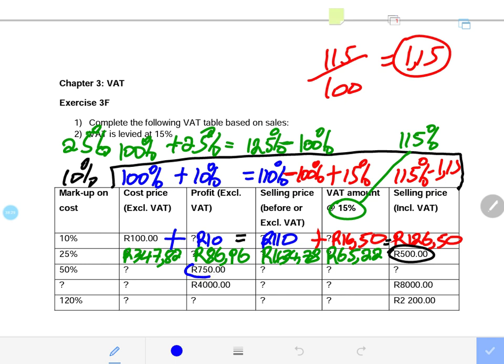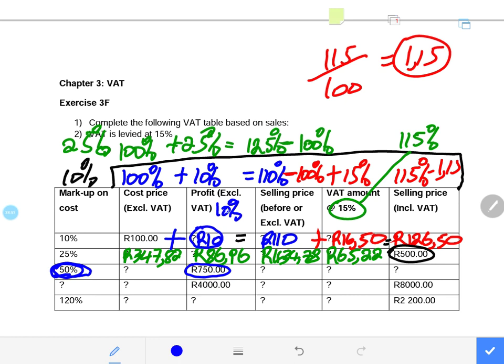So now we are sitting here at 50%. Let us again move together in this note. What are we looking for? We are looking for the cost price. Remember, the cost price is always 100%. The amount before you add the percentage is 100%.